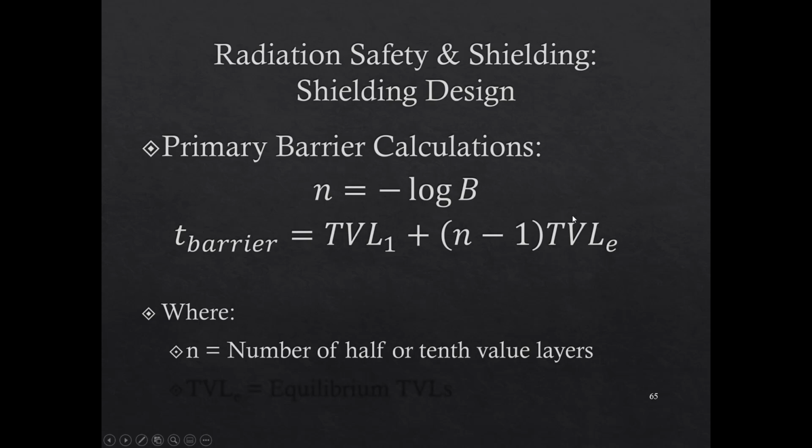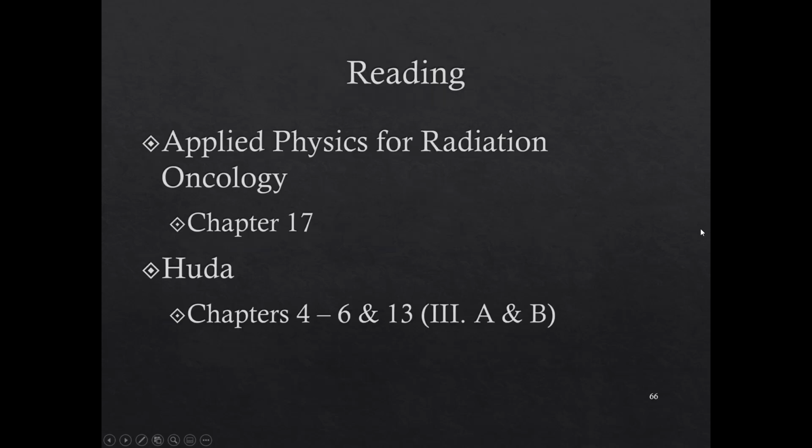Then you can plug it into this equation, and you typically get the TVL 1 and the equilibrium TVLs from a table. So that would be given to you as well. This is simply showing you how you can arrive at a thickness of a certain barrier. The reading again is going to be from your textbook, chapter 17, and from Huda.